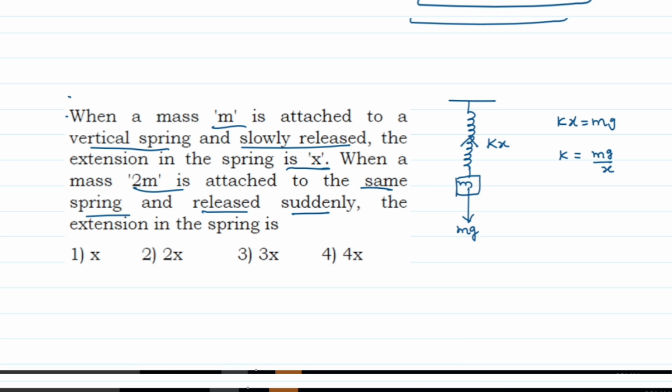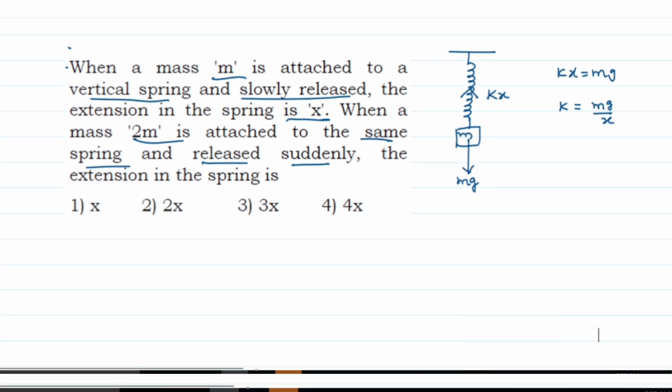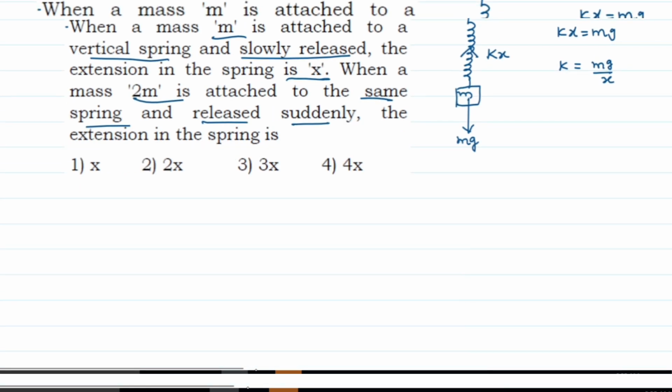Now in the second case, when the mass 2m you are attaching and releasing suddenly. Let us see the next scenario. Suddenly when you are releasing this 2m mass, there will be an extension in the spring.